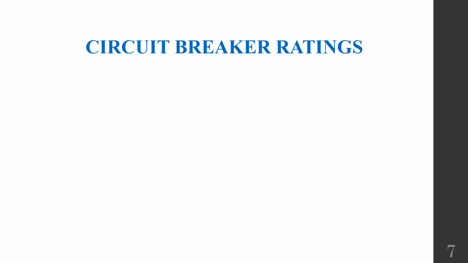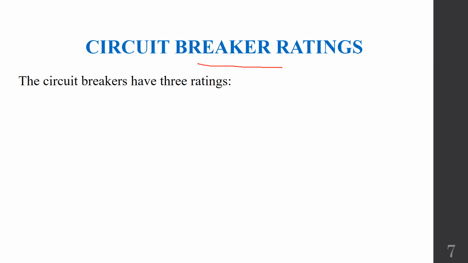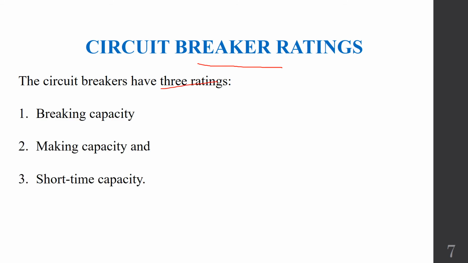Circuit breaker ratings. Generally, circuit breaker have three ratings: breaking capacity, making capacity, and short time capacity. Breaking capacity is defined as the RMS value of fault current at the instant of contact separation, whereas making capacity is defined as the peak value of the fault current during the first cycle of the current wave after the circuit breaker contacts are closed.